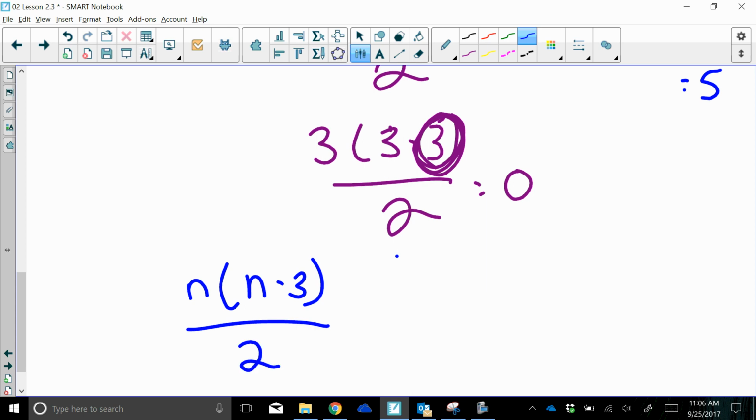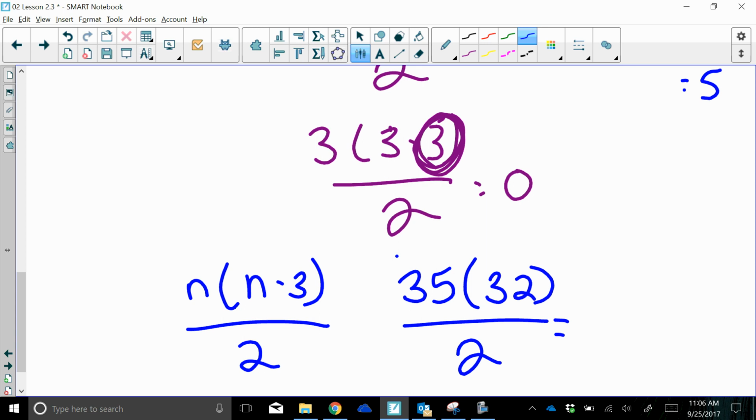So for a 35-gon, we have 35 times 35 minus 3, which is 32, divided by 2. And if we calc that out, 35 times 32 is 1120, divided by 2. We get 560.